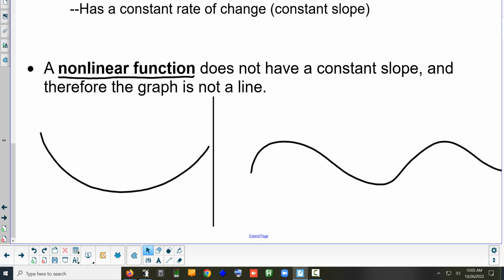What do you think, Aiden? So what does it mean if it's linear? What did we say linear means? What word is in linear if you write it out? Line. Does that graph look like a straight line? No, it's not a straight line, it's a curve. So we would say that this is a function, but it is not linear. It's a non-linear function.